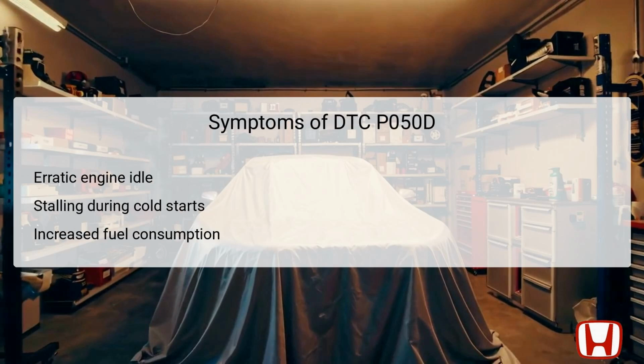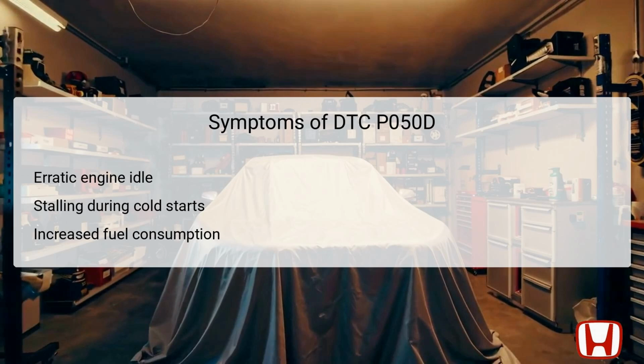When DTC P050D is present, there are several symptoms that a driver might notice. The most common symptom is erratic engine idle behavior, particularly noticeable when starting the vehicle in cold conditions. This erratic behavior may lead to stalling, especially if the engine fails to maintain the proper idle speed.